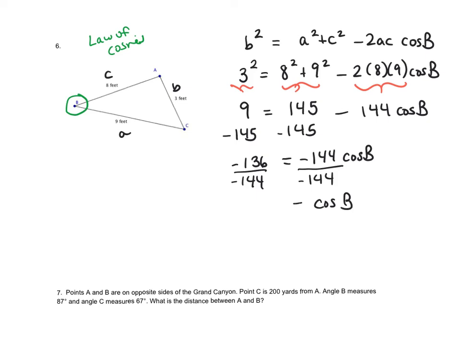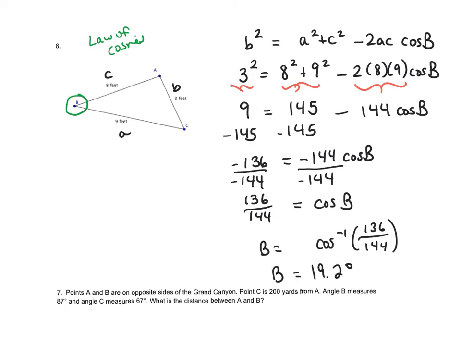So cosine B equals 136 over 144, which I'll take the inverse of. So B is going to equal the inverse cosine of 136 over 144. So I get 19.2 degrees for B.